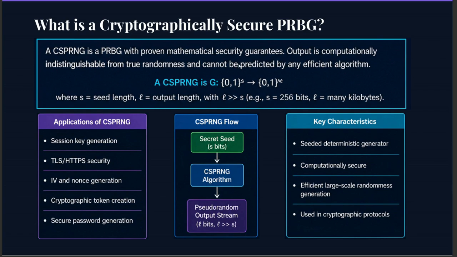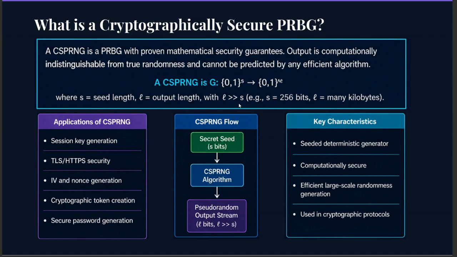A CSPRNG is not just a random generator. This is a generator with mathematically secure guarantees. Its outputs are designed so that attackers cannot predict them efficiently. Now let us understand the formal definition: a CSPRNG is represented as G, mapping a binary string of length s to a binary string of length l. s is the seed length, l is the output length.